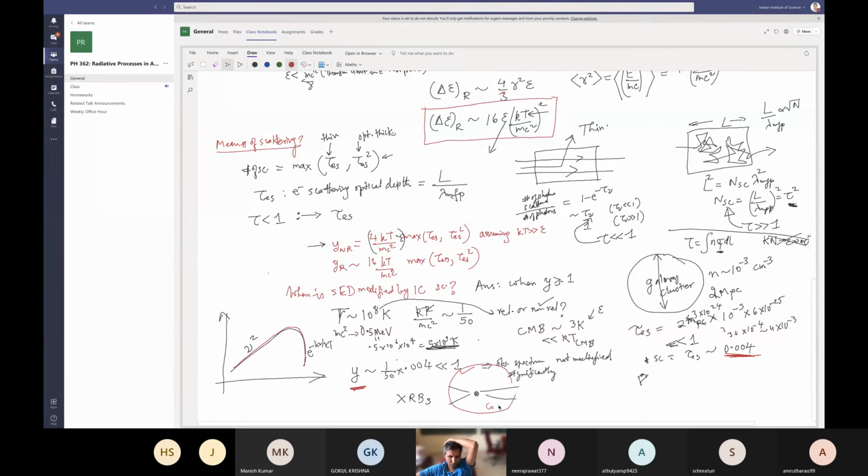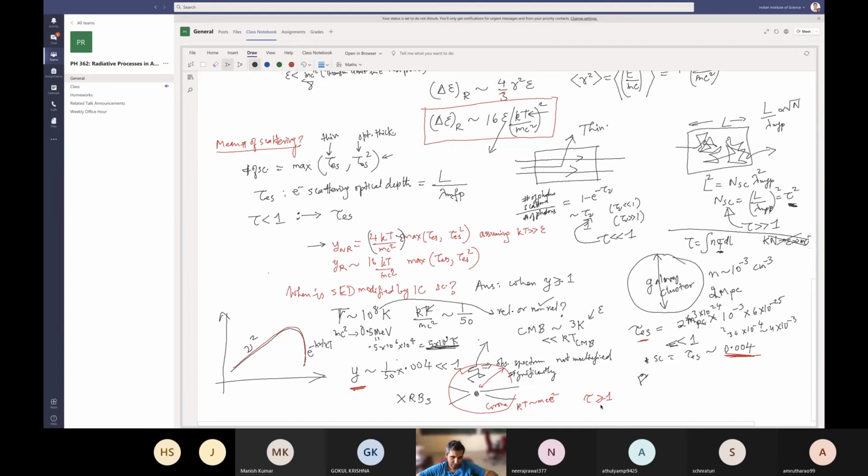This is a corona. The corona has hot electrons, with kT of order mc squared, and it can be pretty dense and long. So your tau can be greater than 1, and the photons, rather than free streaming, can get Comptonized and then come out.